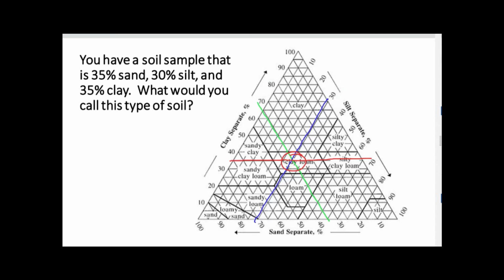Good job, guys. You might see these soil texture triangles on your test, on the AP exam, or on a quiz. You might need it for your lab when you have the percentages of your soil, and then you can see what type of soil you have.